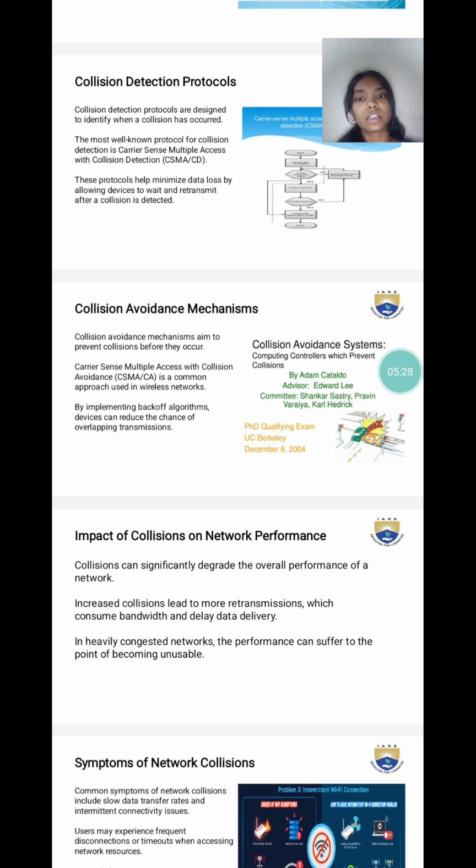Here, avoidance works before a collision occurs, whereas detection identifies a collision after it occurs. Carrier Sense Multiple Access with Collision Avoidance is a common approach used in wireless networks. By implementing back-off algorithms, devices can reduce the chances of overlapping transmissions. Collision avoidance systems use controls to prevent collisions.